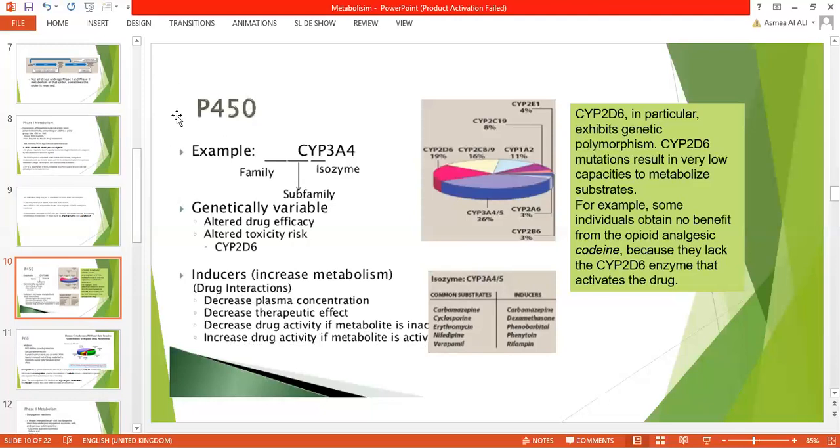So this cytochrome, as we said, is very important in the inducer enzymes and will affect drug interactions and cause these effects: decreased plasma concentration, decreased therapeutic effect, decreased drug activity, or increased drug activity.